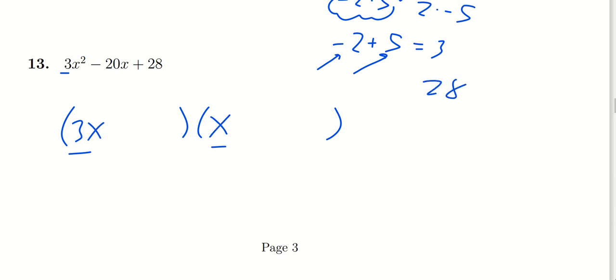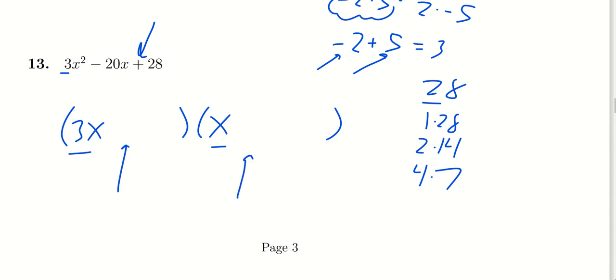The factors of 28 are 1 and 28, 2 and 14, or 4 and 7. Notice the signs here. If the last one is positive, that tells us that both of these have to be the same. But in order to get a negative term, that means that they both have to be negative.